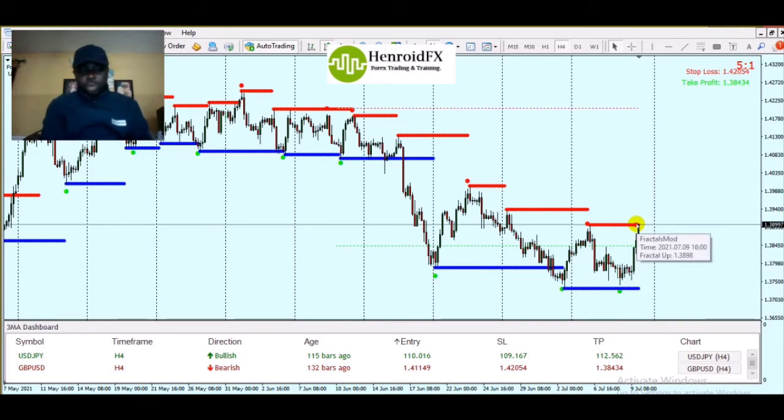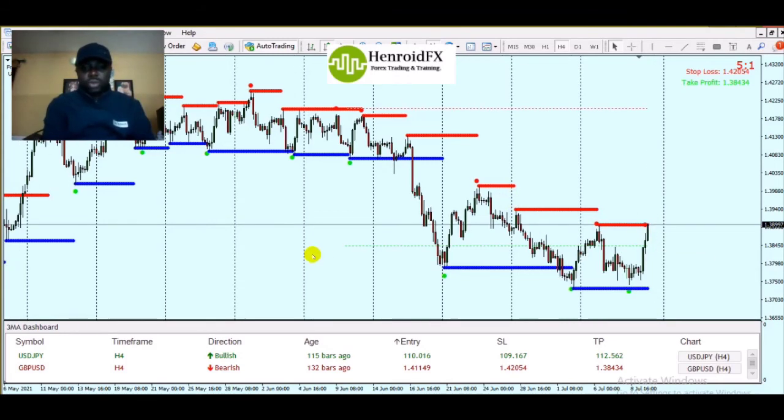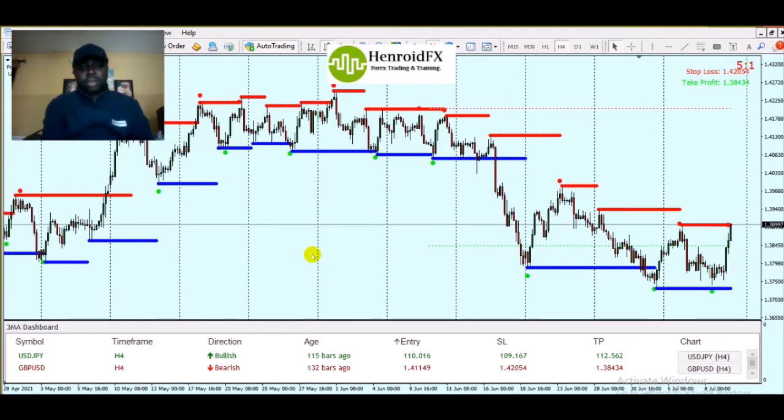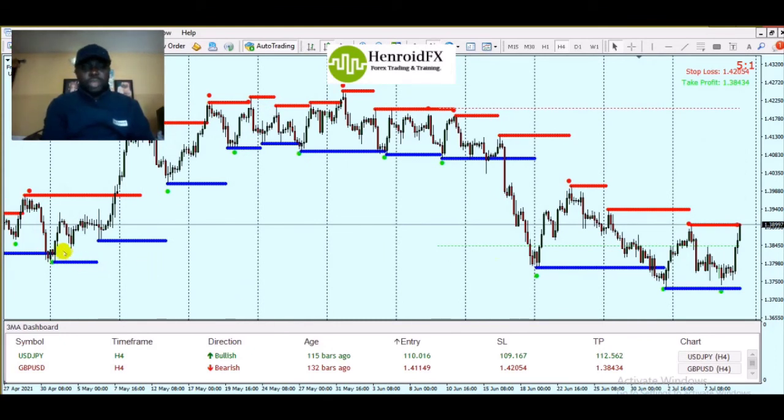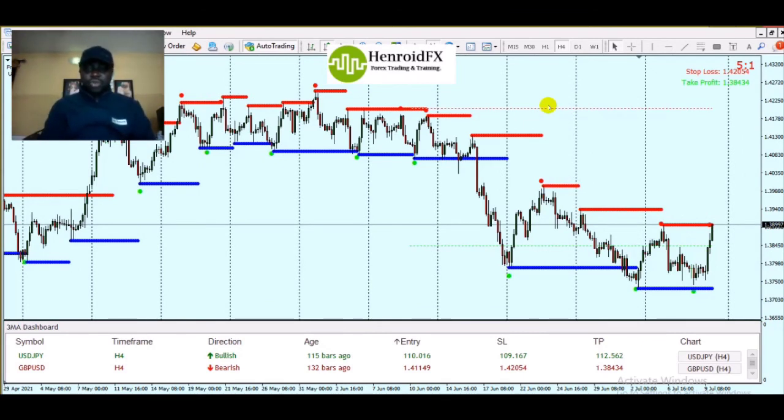Now it's two options. If you take it to the left as it stands, it could possibly be a resumption from here, this kind of pattern going upwards. However, I have always told you I believe in my algorithm so much, and I take my time to follow the rules.